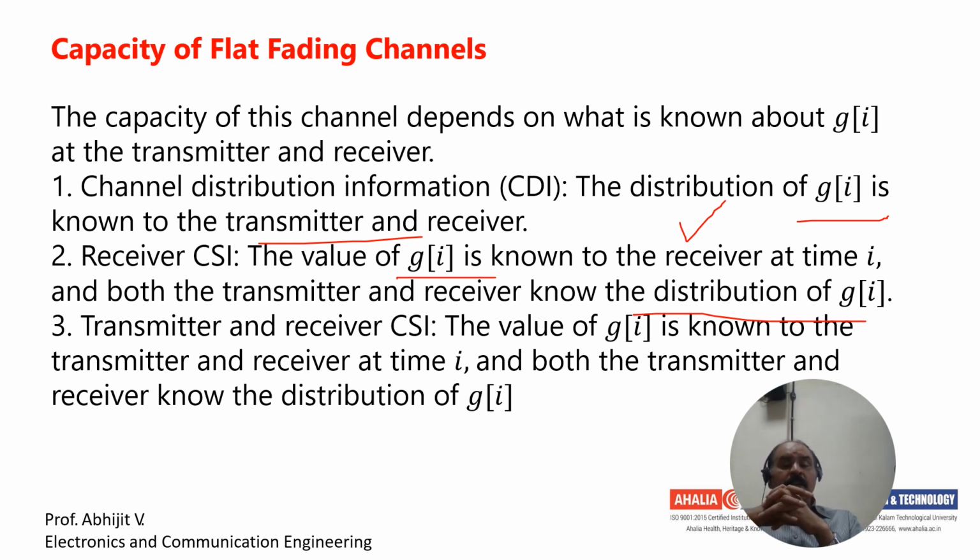In the second case, we know the value of G of I at the receiver. We know both the value and the distribution at the receiver, and we know the distribution at the transmitter. In the third case, we know the value of G of I and its distribution both at the transmission and the receiver's end.